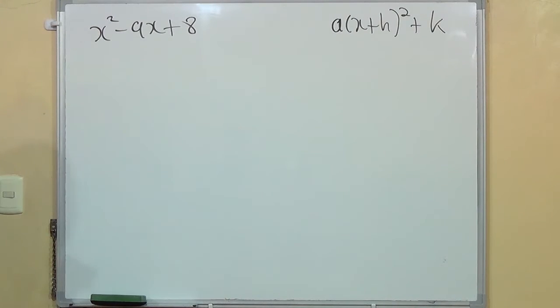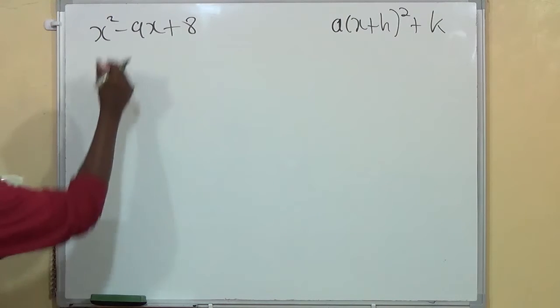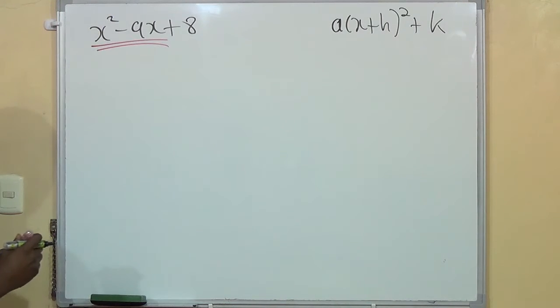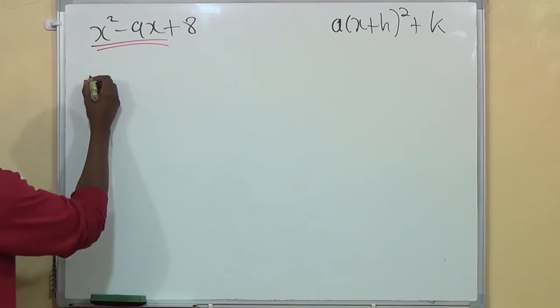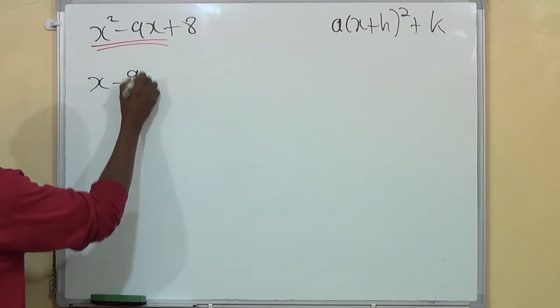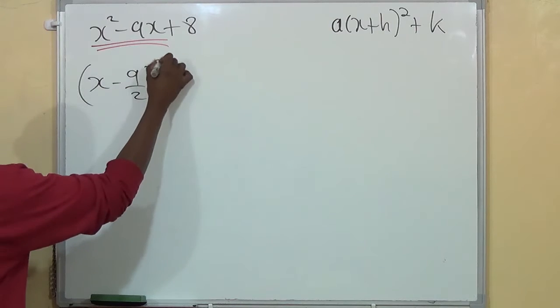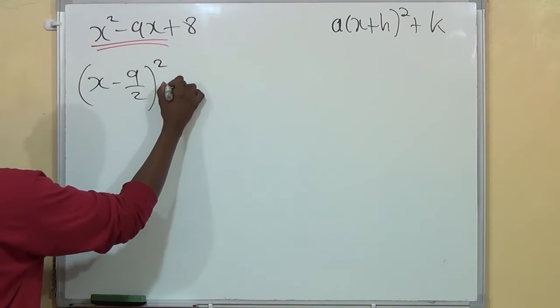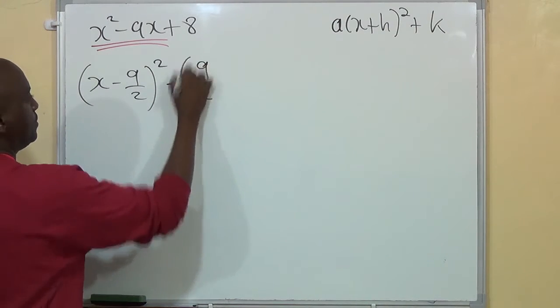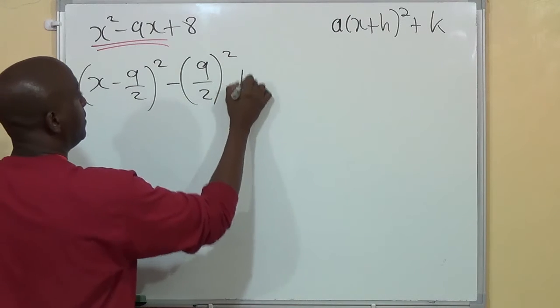Alright, so again, we take this little part here and we write that over using the method that we have been discussing in the last few videos. That will simply be x minus 9 over 2 squared minus 9 over 2, all in brackets to be squared, plus 8.